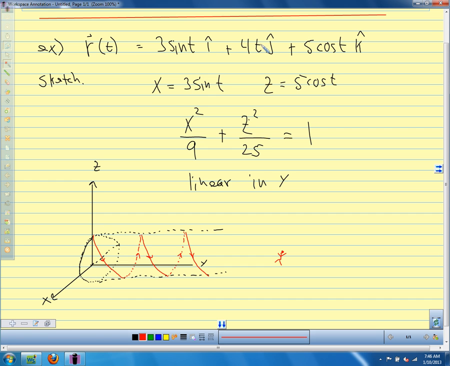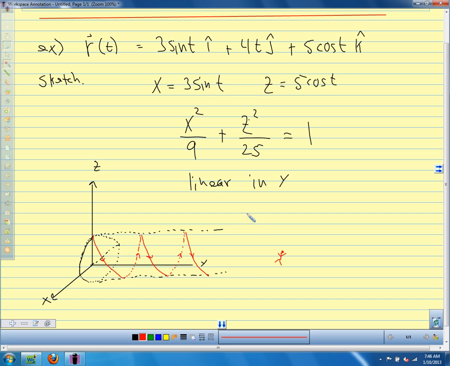But as t increases, the y component increases. It's going to spiral around, and as t increases, it's going to move along the y-axis. So the y component is going to continue to increase. So that's going to move it along the y-axis.